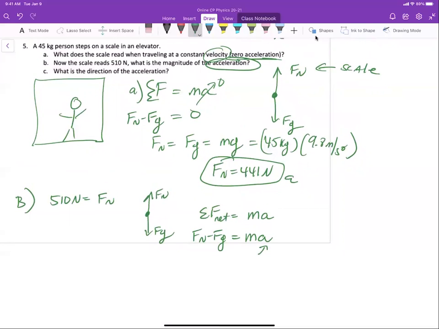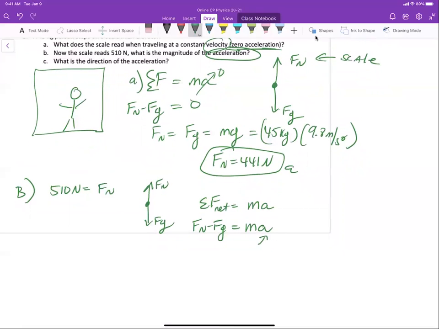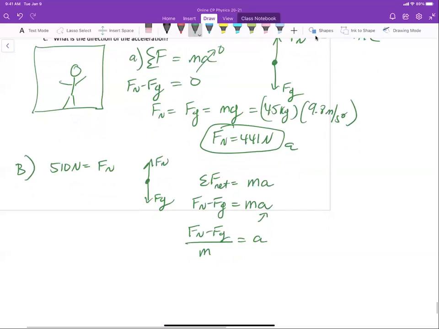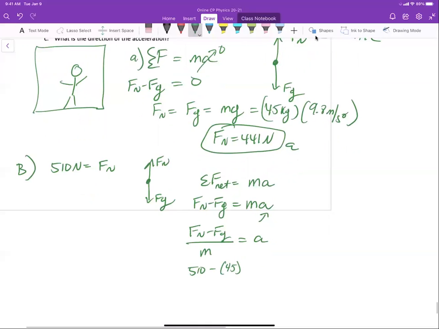So I have to get acceleration by itself. So force normal minus Fg, divided by mass, equals A, and I have all those numbers. So 510 minus Fg, which is its mass, 45, times 9.8, divided by its mass, and that will equal acceleration.